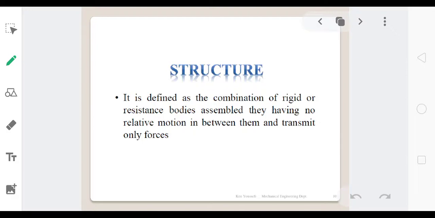A structure is an assembly of different linkages, but those linkages do not have relative motion. They are fixed linkages, using fixed joints between them, like permanent welding joints. So always remember that the degree of freedom, or mobility, for a structure is always zero.